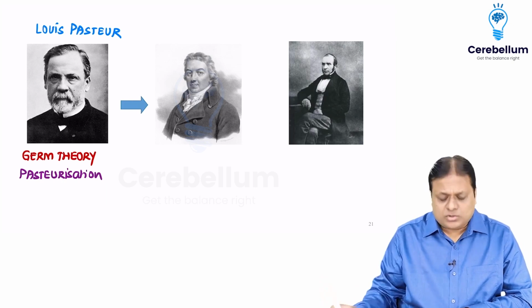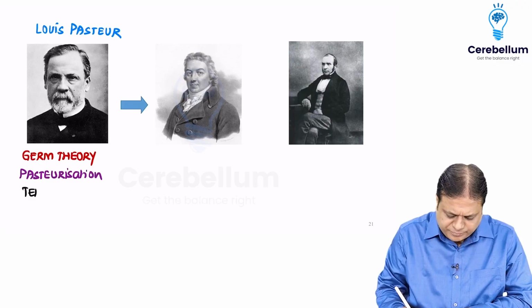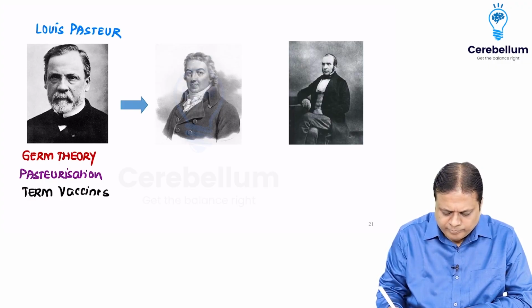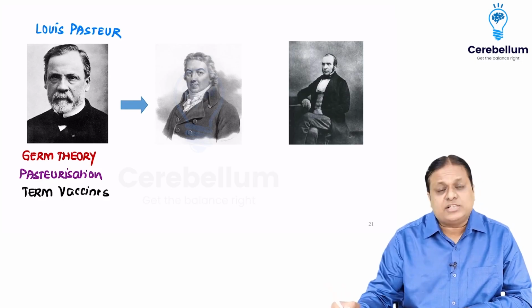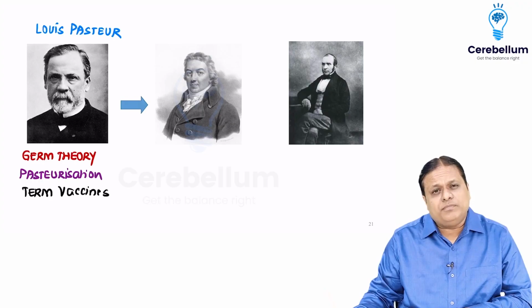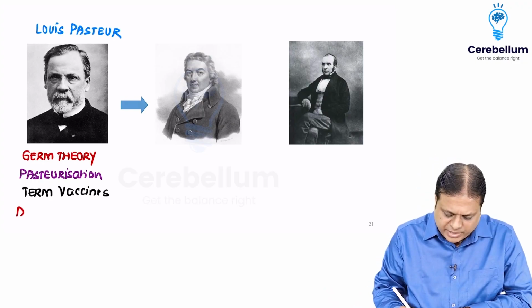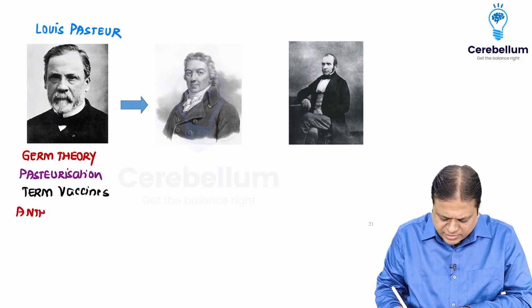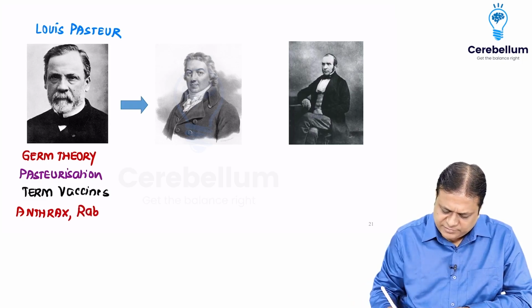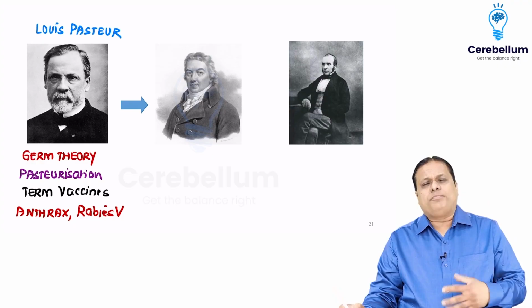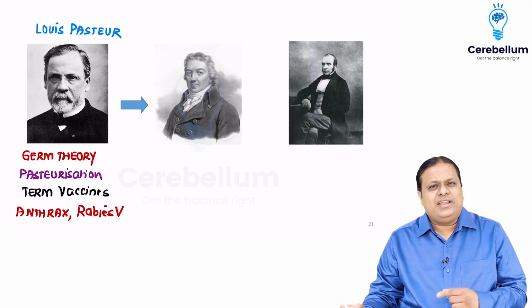Sir Louis Pasteur also coined the term vaccine, and he actually developed many important vaccines, out of which two you have to remember: anthrax and rabies vaccine, besides the chicken cholera vaccine. Now, Louis Pasteur, a French scientist, died in France.